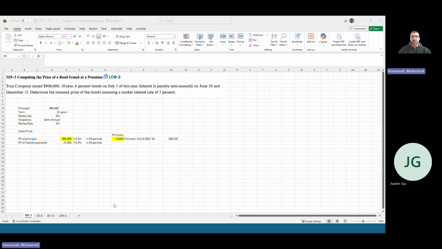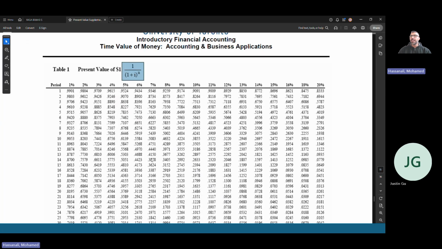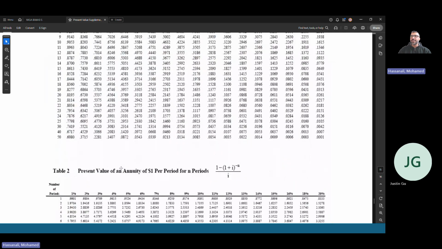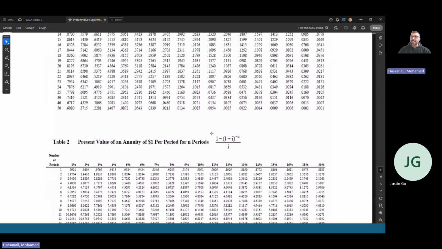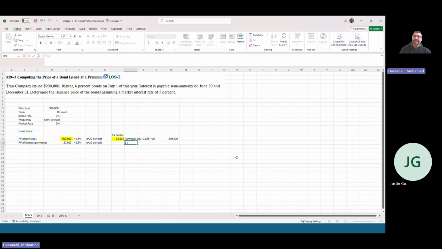When we go back to our present value table, our annuity factor formula is this one here. So 1 minus 1 plus I to the power of minus n, divided by I. So let me write that down: 1 minus 1 plus I, in this case 0.025, to the power of minus n, so minus 20, and that's divided by I, 0.025.